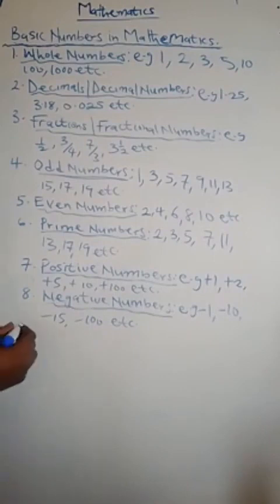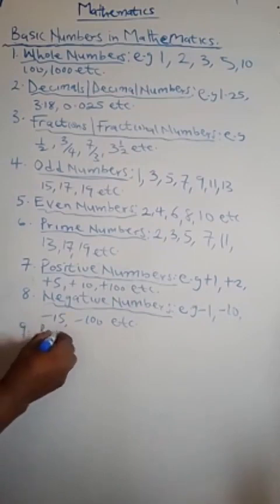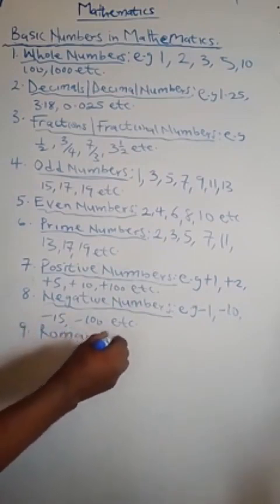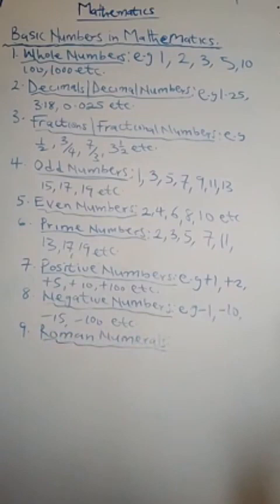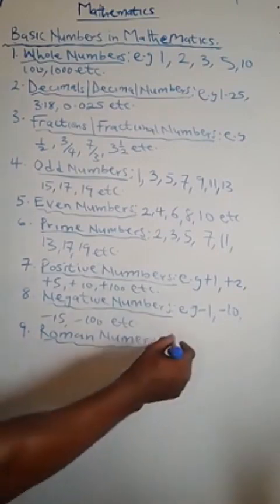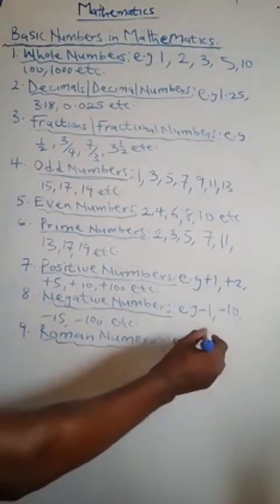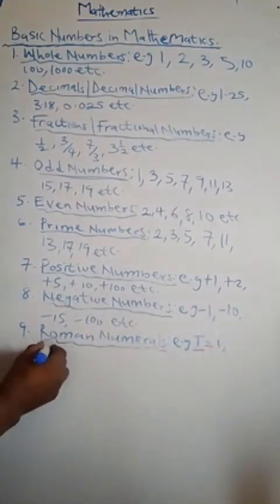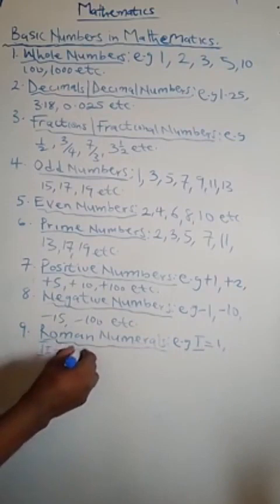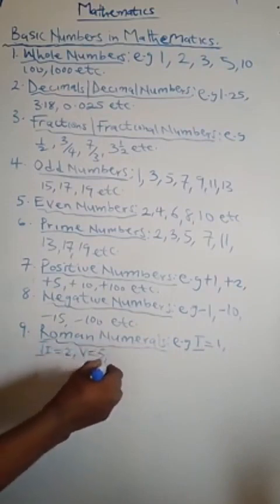We also have, in mathematics, Roman numerals. A Roman numeral is a number written in Roman numerical form. E.g., we have I, which means 1. We have II, which means 2. V, which means 5.